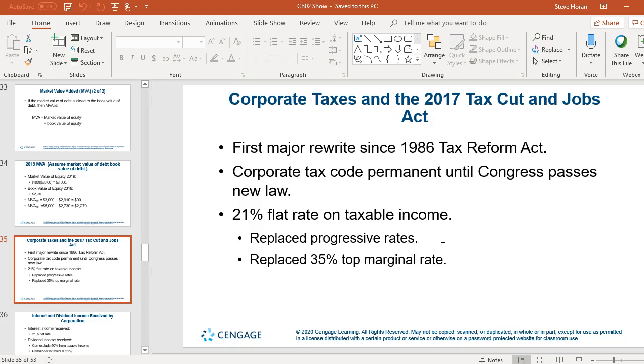But for the corporate side of things, the old tax rate was progressive for corporations. 35% was the common rate that most corporations paid. But if you didn't make that much, you might have paid a lower tax rate and so on. And they just changed it to be a 21% flat tax for corporations. So no matter what you make, you pay 21%.